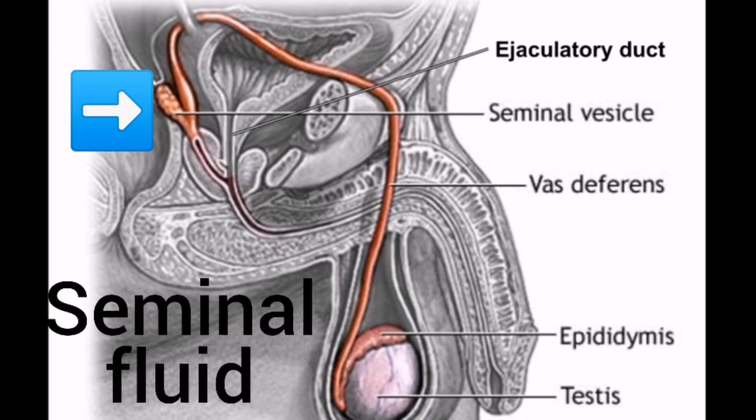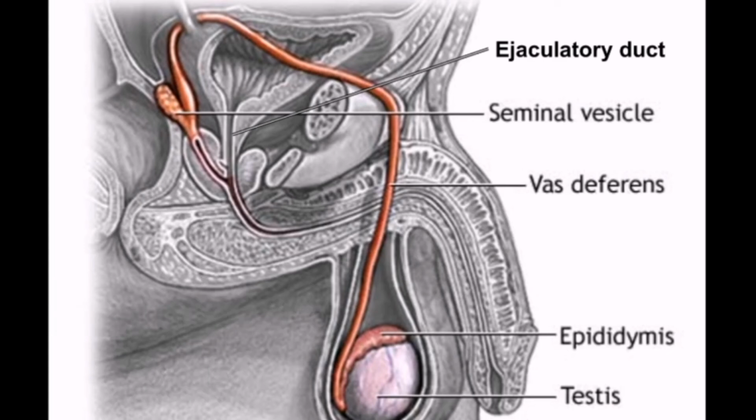Seminal fluid will add liquid, which feeds the sperm. So it's a liquid that acts as food and as a medium for transport for the sperm. So by the time the sperm comes around the bladder and past the seminal vesicle, this liquid gets added to the sperm, and it's no longer just called sperm, it is now called semen.